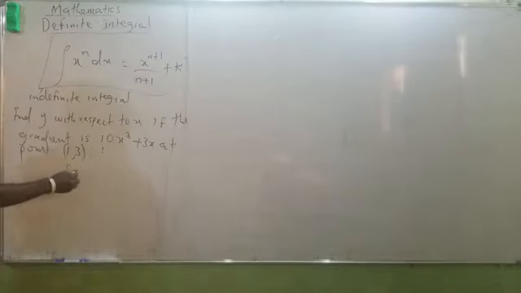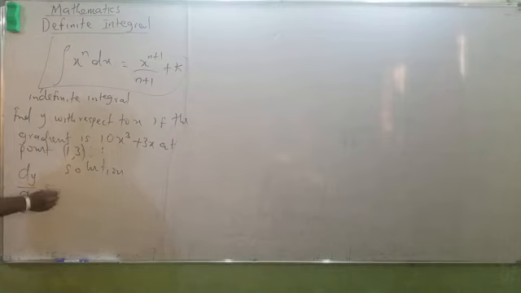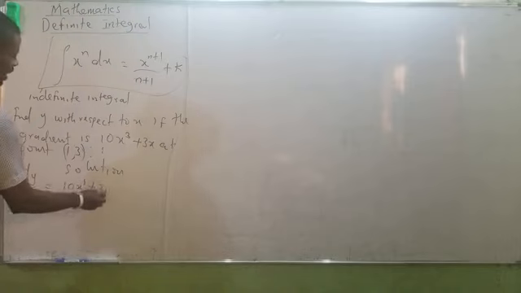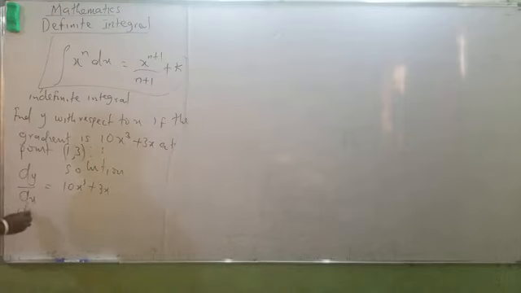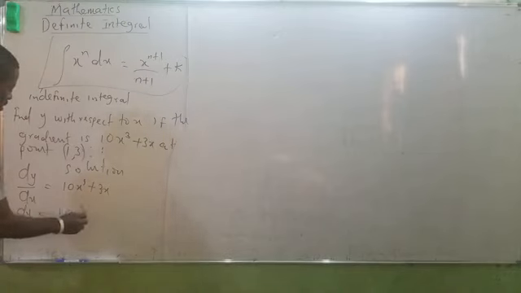Now, for better understanding, my gradient dy/dx equals 10x cubed plus 3x, so dy equals 10x cubed plus 3x, bracket dx.